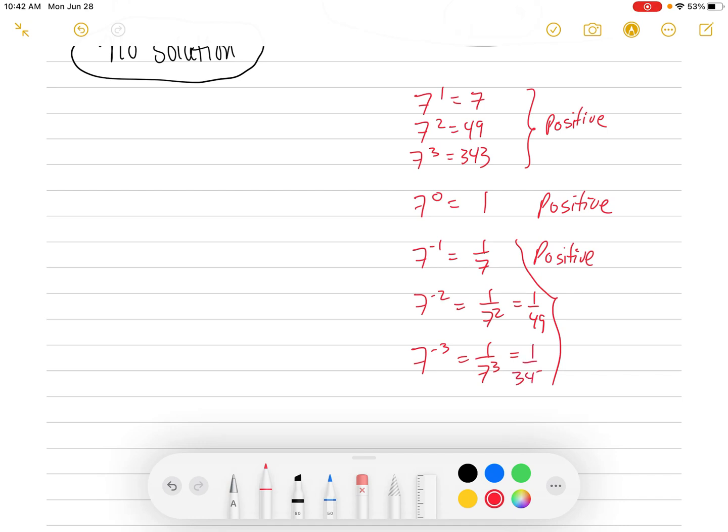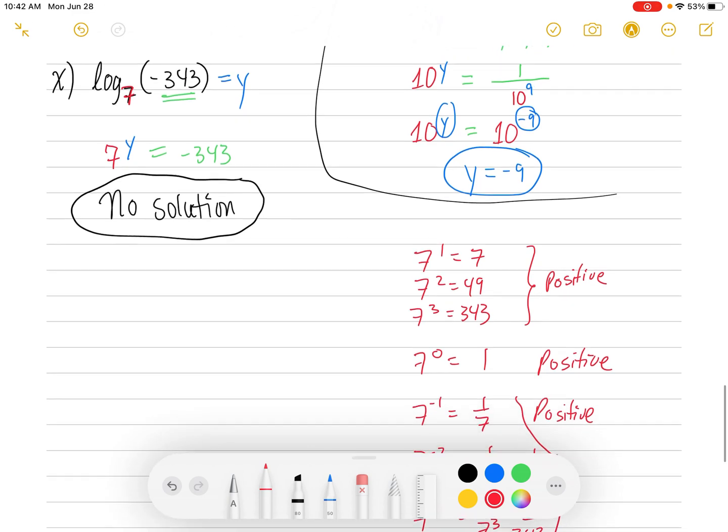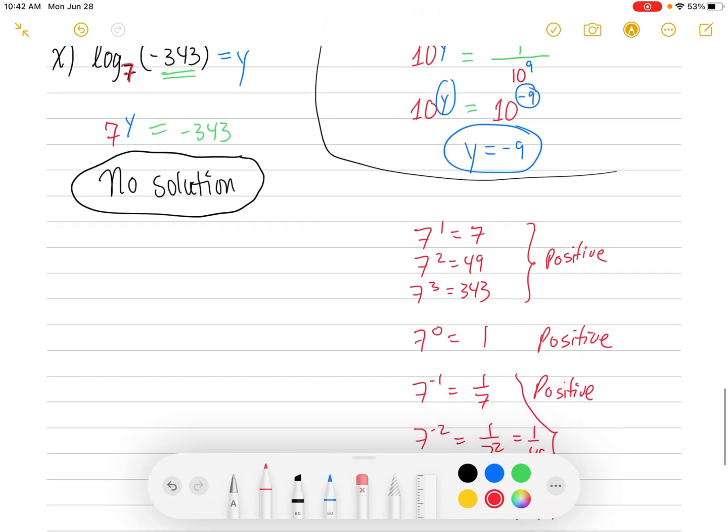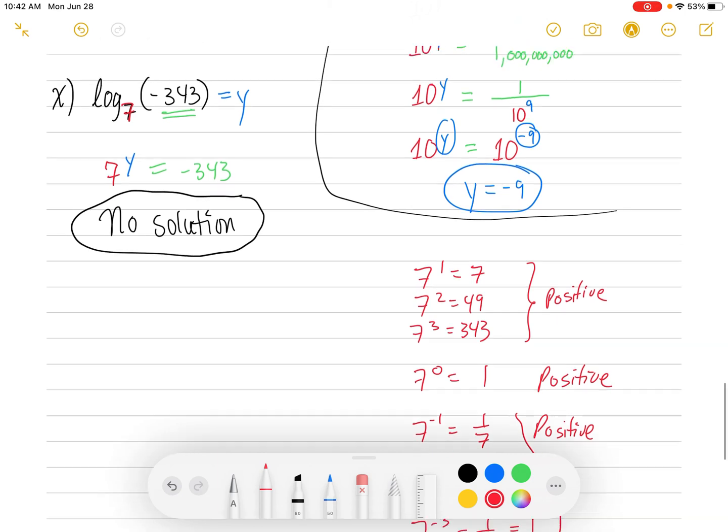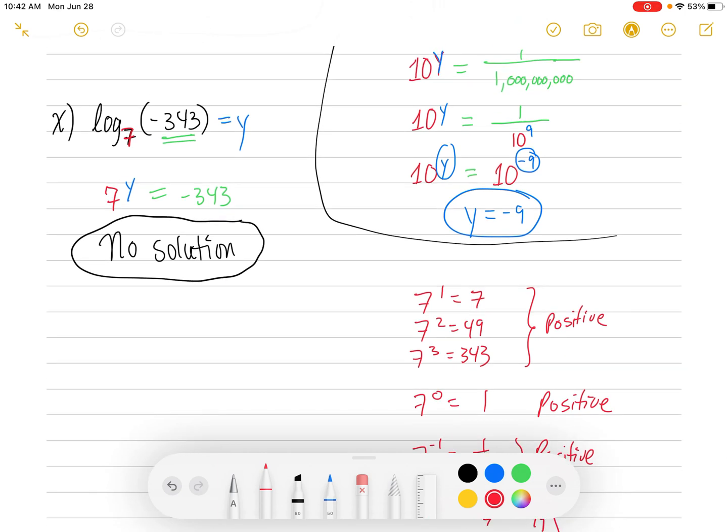Let's try 7 to the negative 2 power. That's 1 over 7 squared, or 1 over 49. Still positive. If I take 7 to the negative 3, that's 1 over 7 cubed, which is 1 over 343. That's still positive, right? They're fractions, but they're all positive. So 7 to a power is always going to be positive. So it's absolutely impossible to raise 7 to a power and get a negative number.